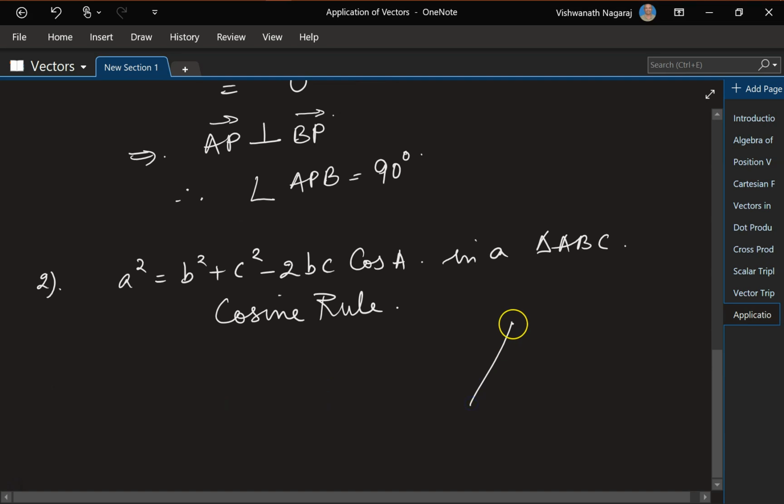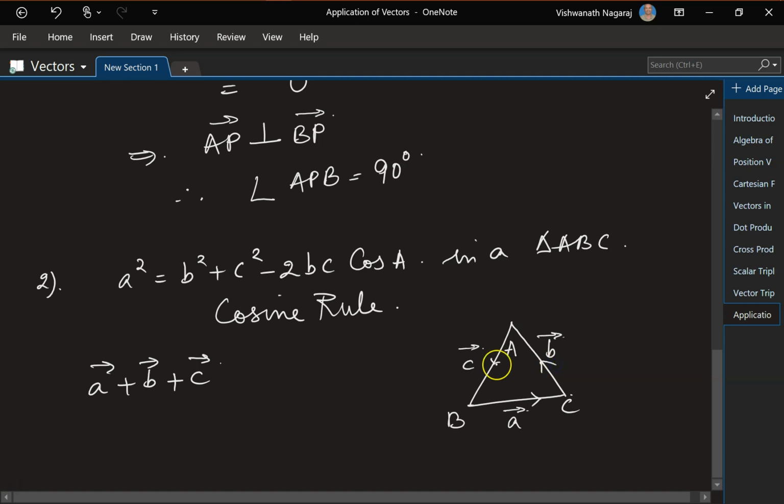Let's say we have this triangle A, B and C. Vector A, vector B, vector C. Now we know vector A plus vector B plus vector C, this is all in one direction. So if you start from B and start walking on vector A, then walk on vector B and walk on vector C, we know we'll reach back at the start. So this is equal to 0.